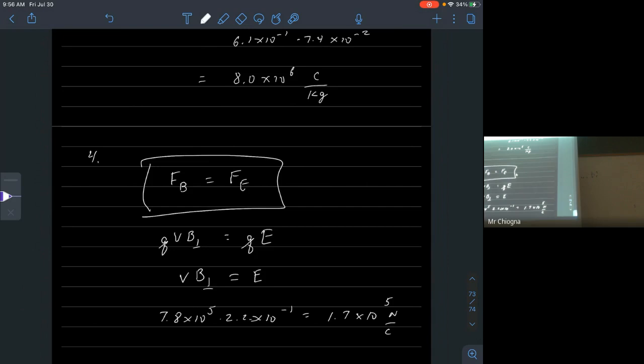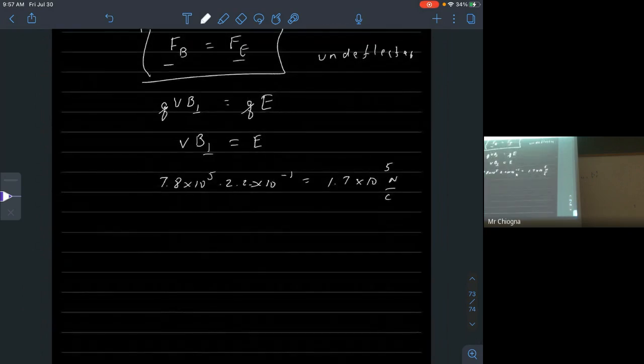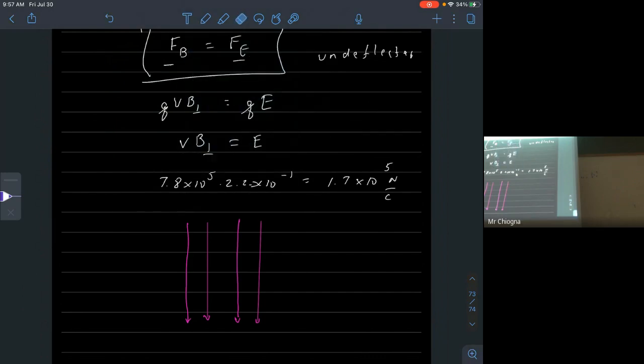How did I know this is true? Just be clear on this. Because of the word undeflected. They're not deflected. And what they mean to say is, if you look at what it said earlier, the electric and magnetic fields are perpendicular to each other. So if you have the magnetic field this way, you have a charge running this way. Now, let me redraw this. It's sometimes hard to get the directions right.